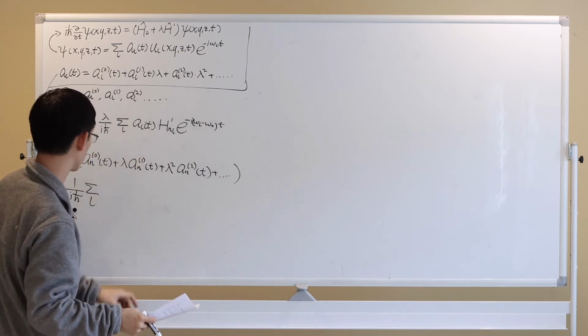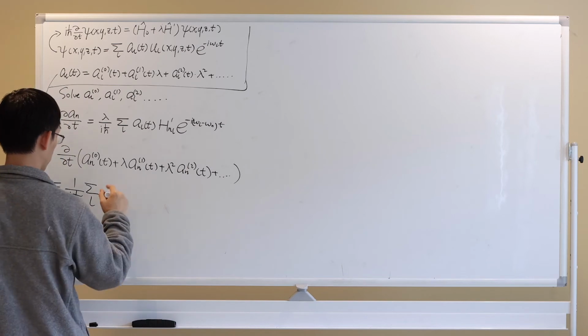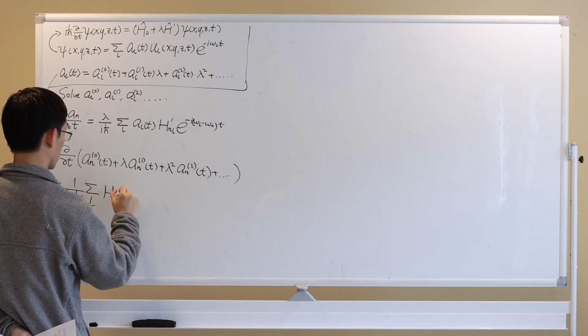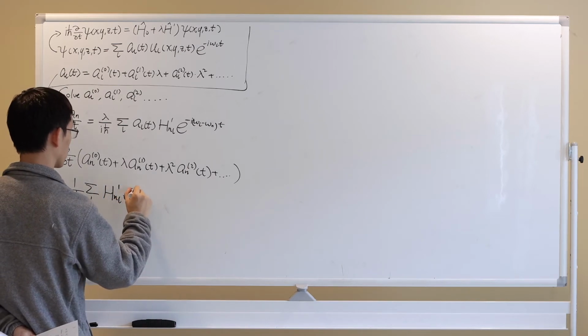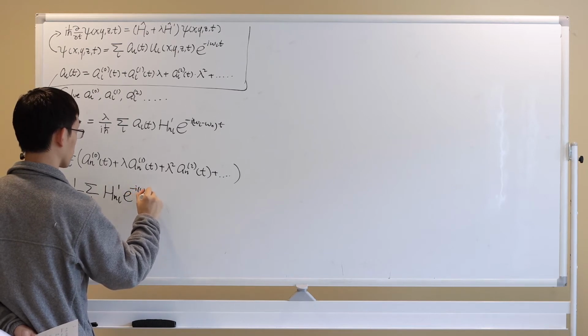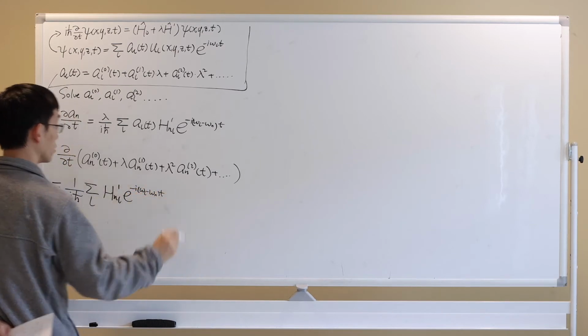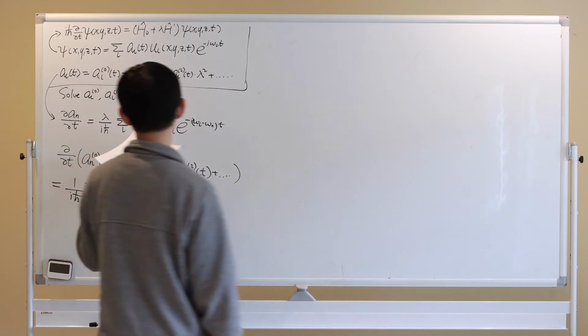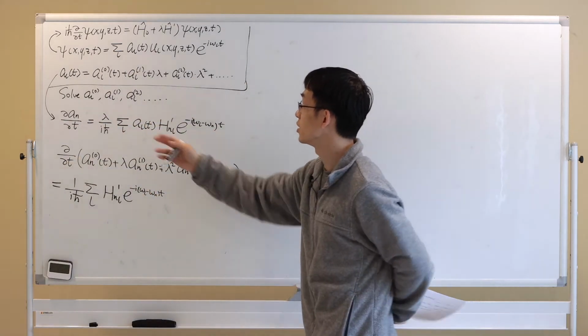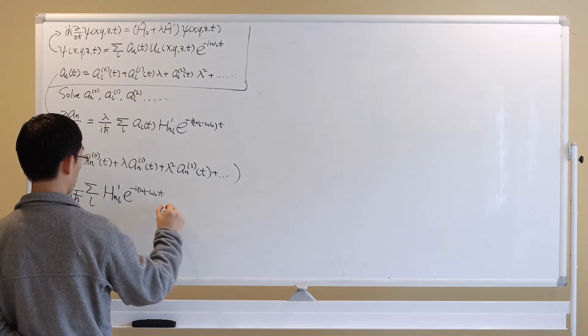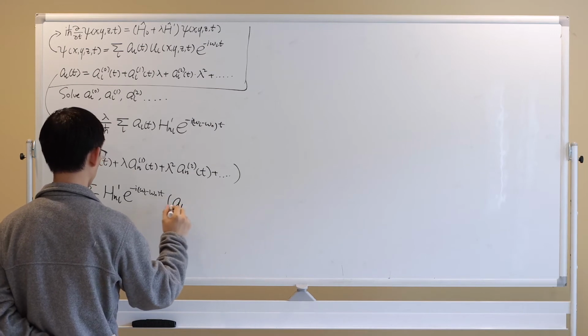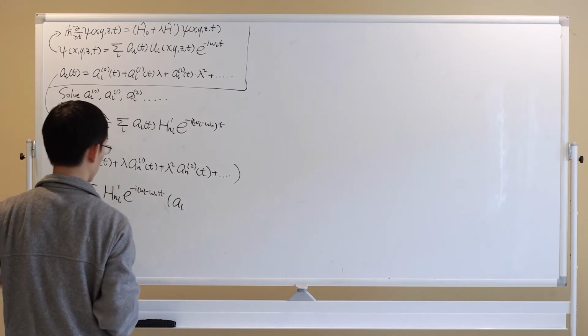We put the coefficient in the front, so H_nl e to the minus i(ω_l minus ω_n)t. Okay, this is a coefficient. Then plug in the a here. So you have a_l. Oh, there's a lambda here, right? There's a lambda.